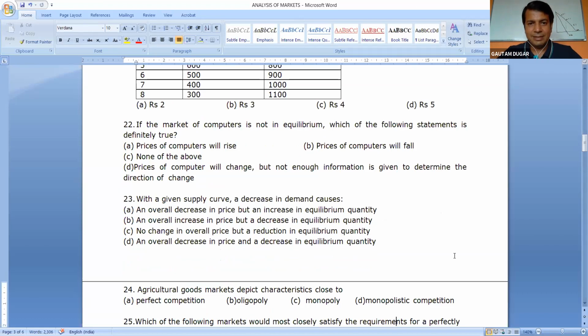Some people have given the right answer. It's D. Prices of computers will change, but the rest of the information we have not been given. Whether demand is more, or the supply is more, or which one is less. So we don't have enough information. So 22 D is the right answer.